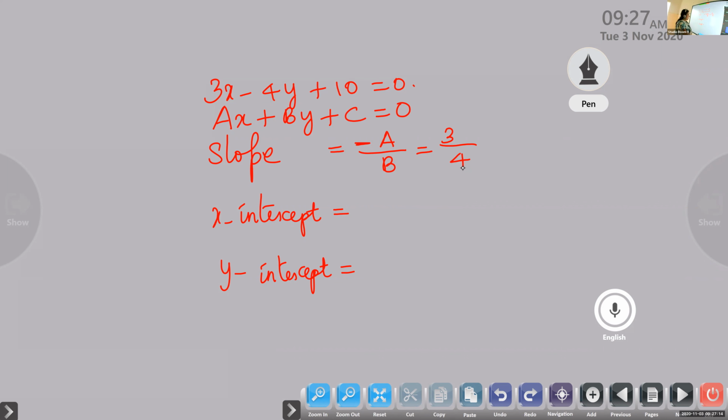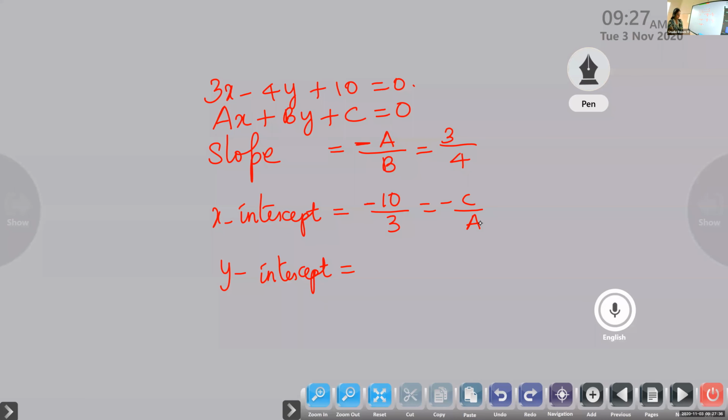Srihari, can you give the x-intercept? Minus 10 by 3. Can you give the formula here? X-intercept is given by minus c by a. Yes, it is minus c by a. So it is minus 10 by 3.